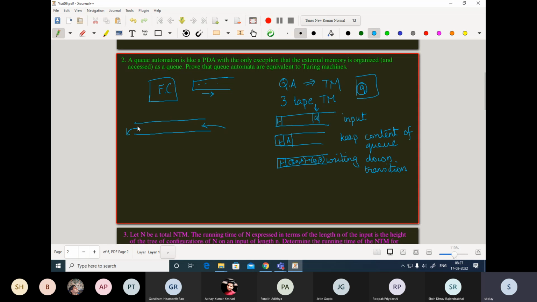Now over here, what would have happened? You would have taken A out, pushed everything, so the first element would have been the element right after A, and you would have pushed in beta, changed from Q to P, and then gone to the next alphabet or stayed at the same alphabet.